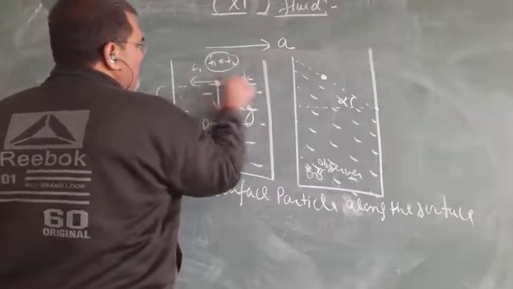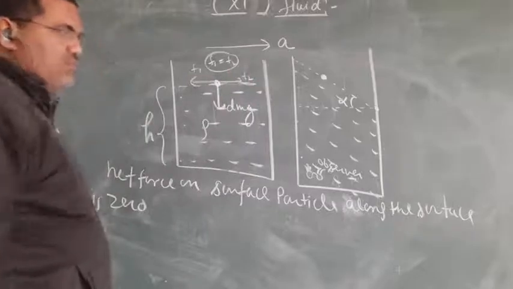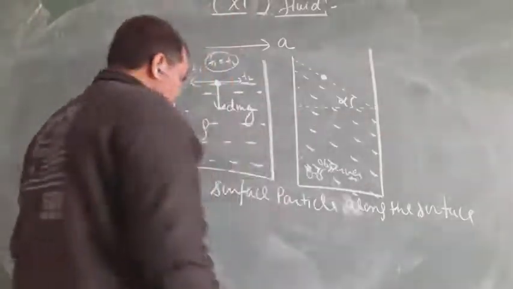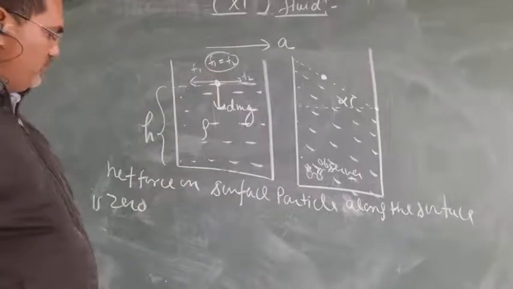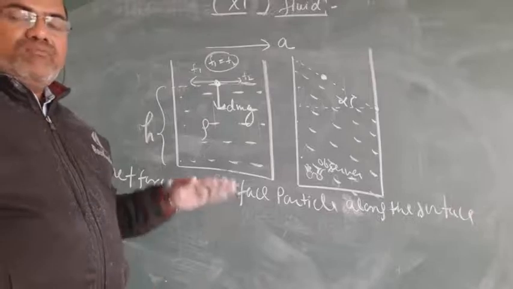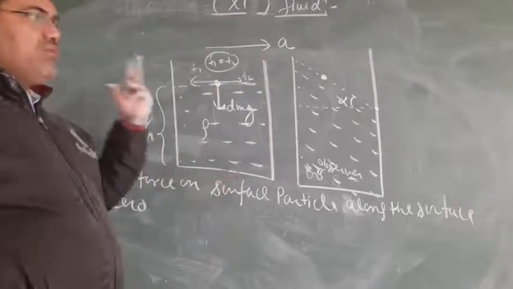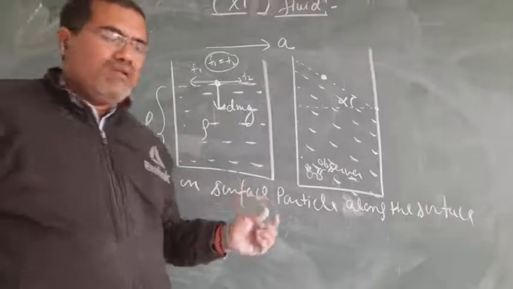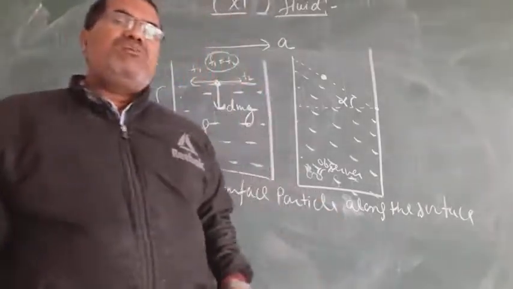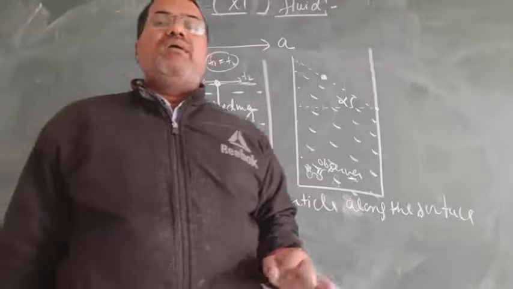That is, the net force along the surface is 0. This is the main property of the fluid: force always acts perpendicular to the surface. If the net force along the surface is 0, it means the force acts perpendicular to the surface for equilibrium.